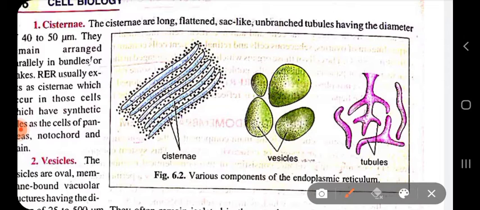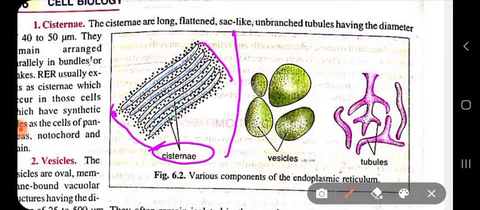They are unbranched, long, flattened sac-like structures, as you can see in this picture, with a diameter of about 40 to 50 micrometer, and they remain arranged in bundles. These tubules are not interlinked; they are parallel with each other.